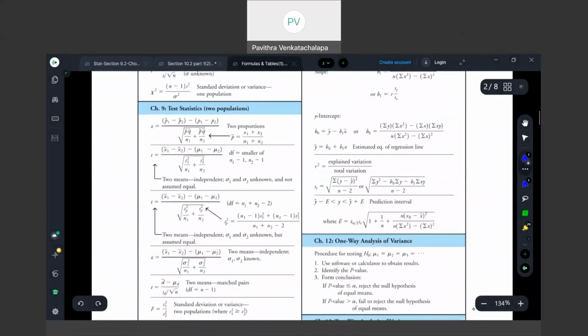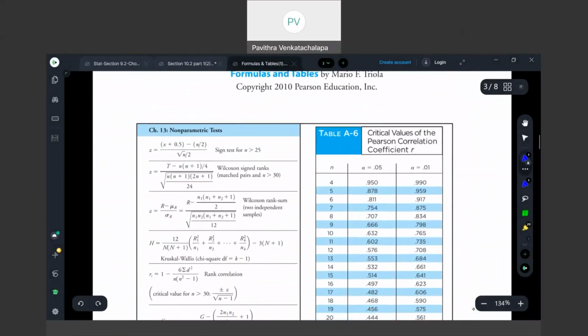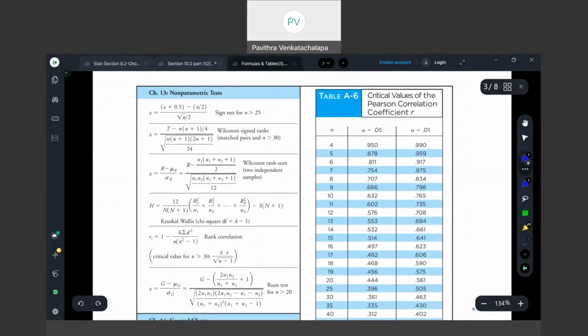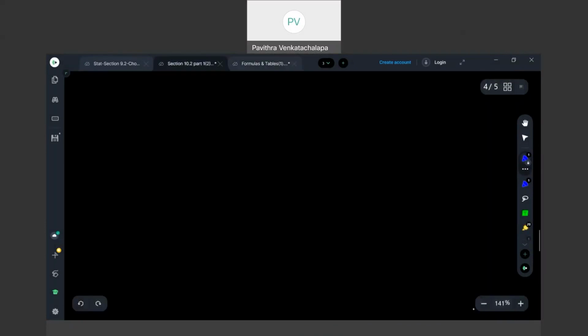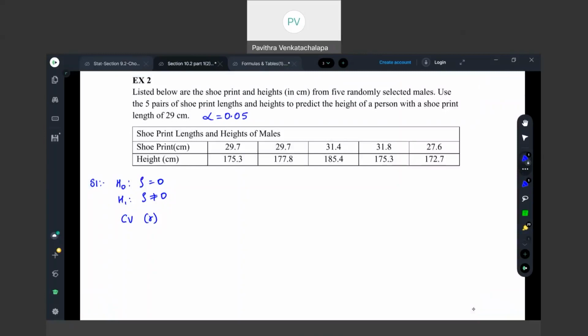Okay, now scroll down and go for table number A6, critical values for the correlation coefficient R. All you want is to check what n is and what alpha is, because you have two things here. I know that alpha is 0.05, and n is equal to 5: 1, 2, 3, 4, 5.